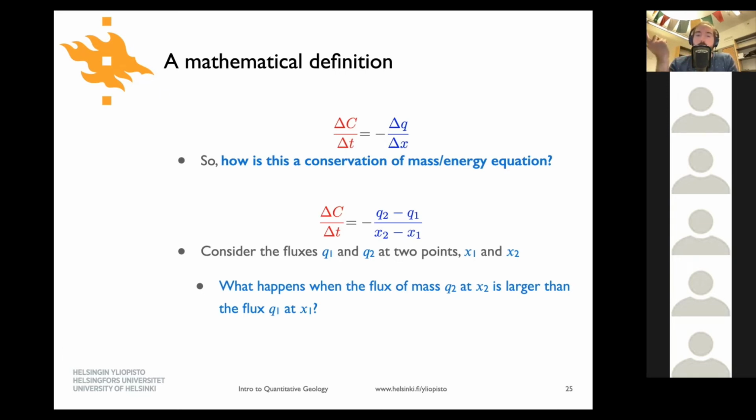What's going to happen here if the flux at Q2 or position X2, the flux Q2 is larger than the flux Q1? I don't know if somebody wants to answer this in chat, what they think would happen here if this was the case. But what happens if Q2 is bigger than Q1?